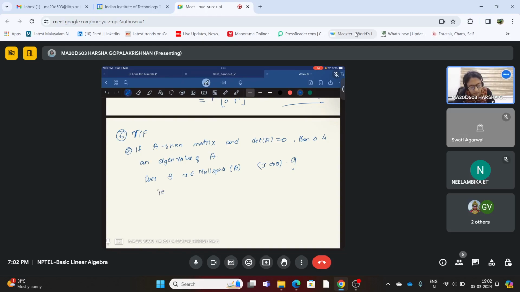That is my first question. That is, does there exist a non-zero X such that Ax equal to 0?